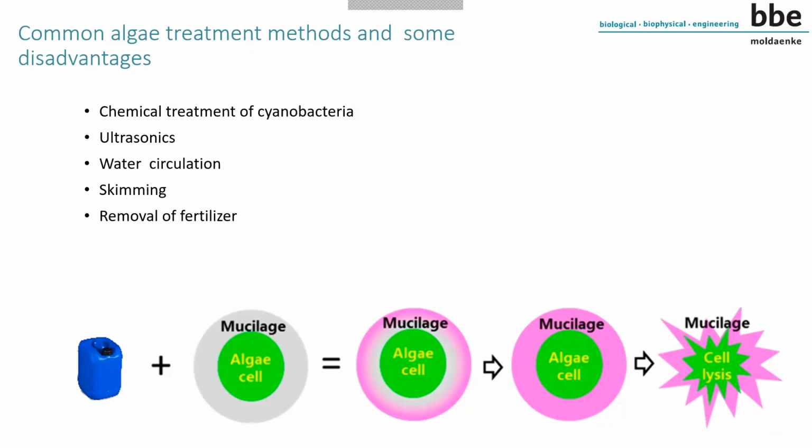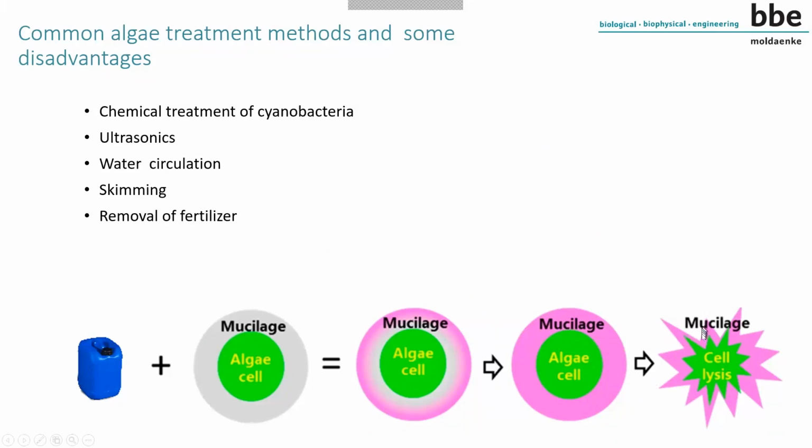One of these disadvantages, which we will come back to later, is what I show here in the scheme. If you use these chemicals, for example, they can penetrate the cells, come into the mucilage, and then lead to cell lysis.